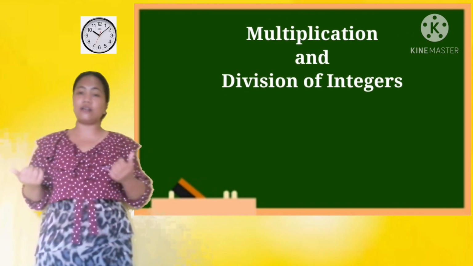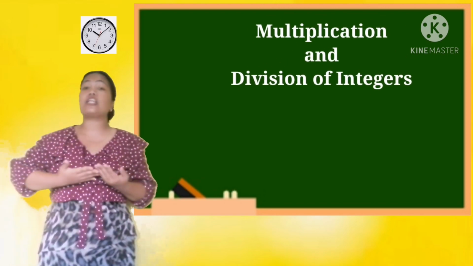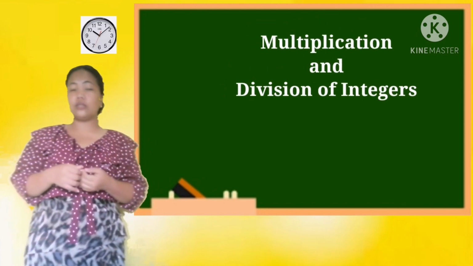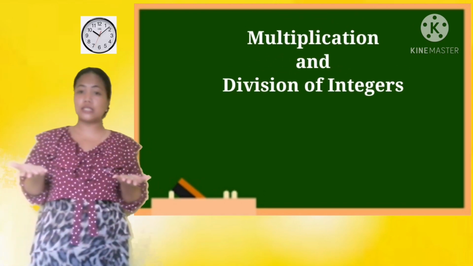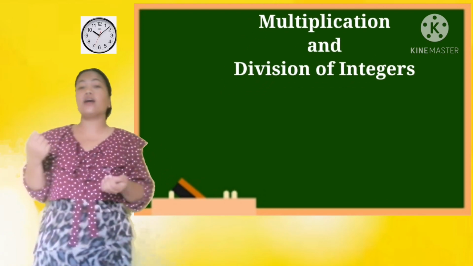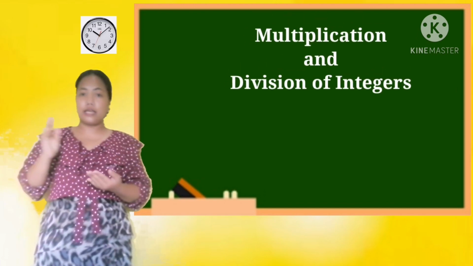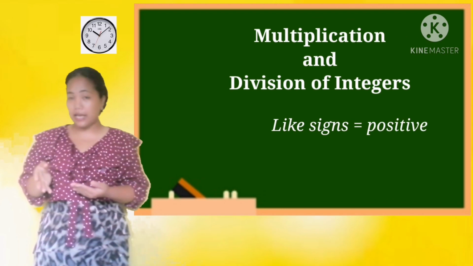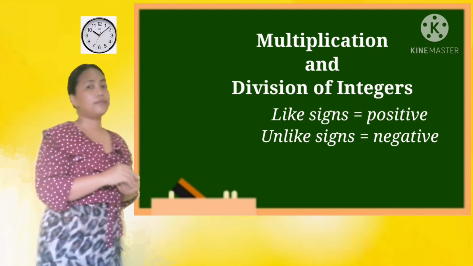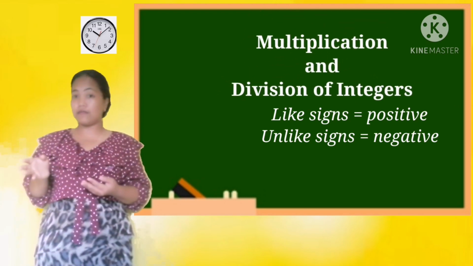For multiplication, we all know that multiplication is repeated addition. The rules are very easy to remember: in multiplying integers, like signs give a positive sign, and unlike signs give a negative sign.